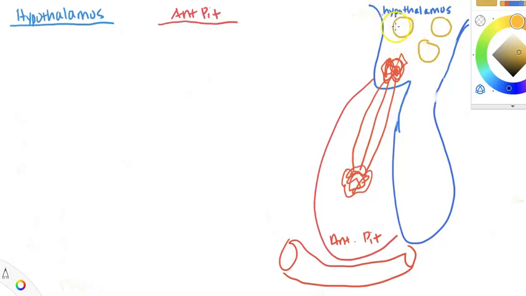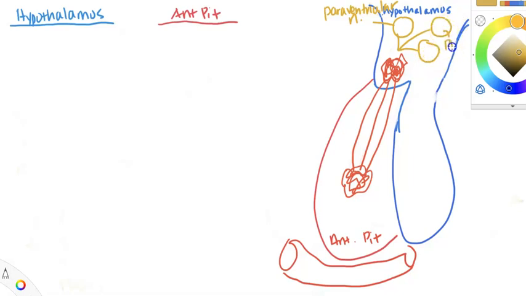And the first one is called the paraventricular nucleus. And let's see, the second one here, I can identify these.